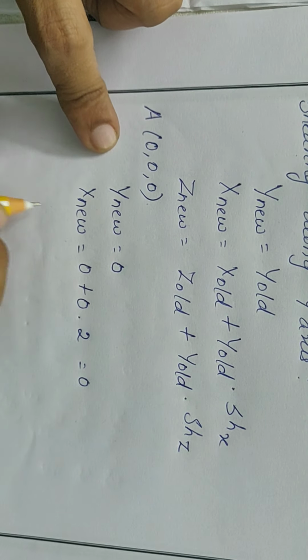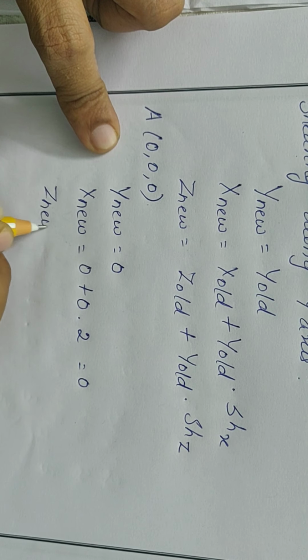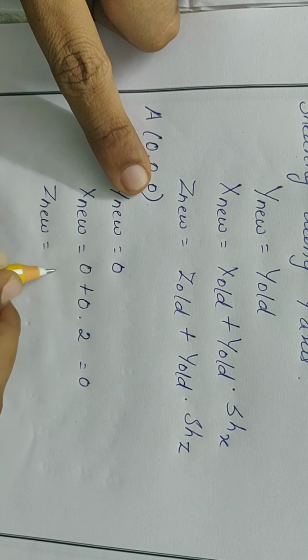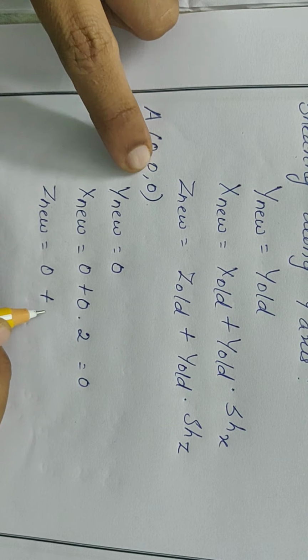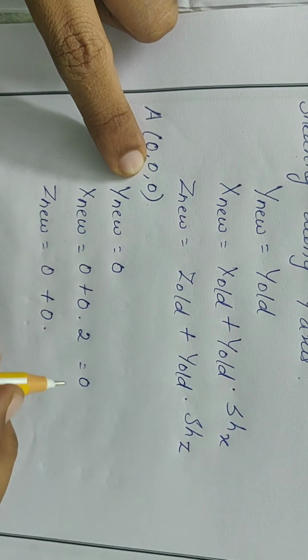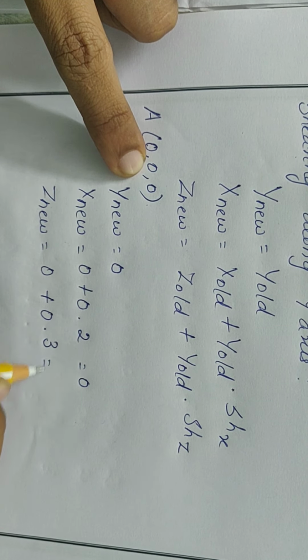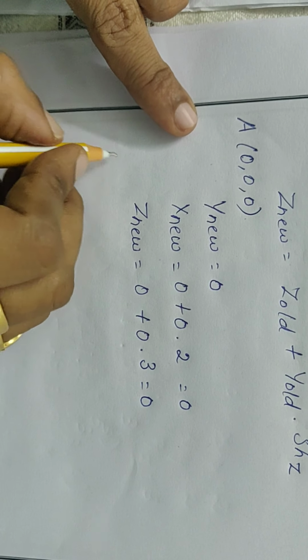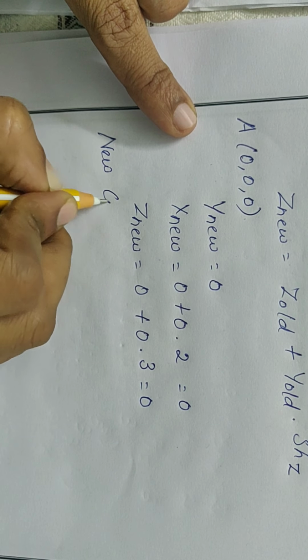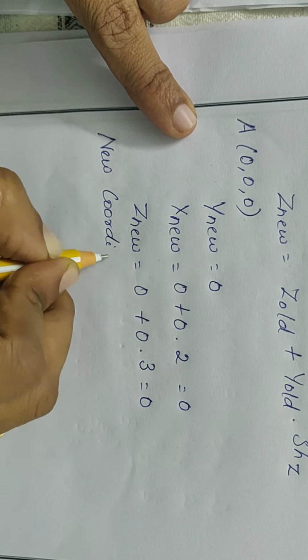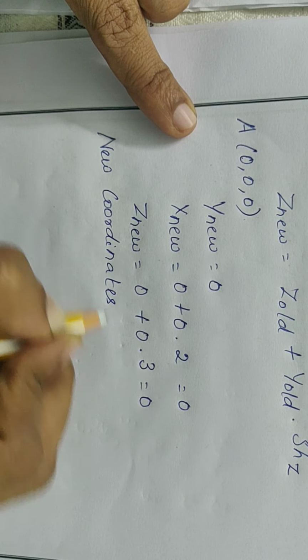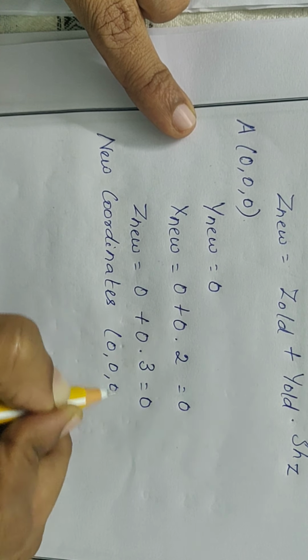So I'll get 0. Similarly, Z new is equal to Z old plus y old 0 into shear factor along Z axis, it is 3. I'll get 0. So my new coordinates will be 0, 0, 0.